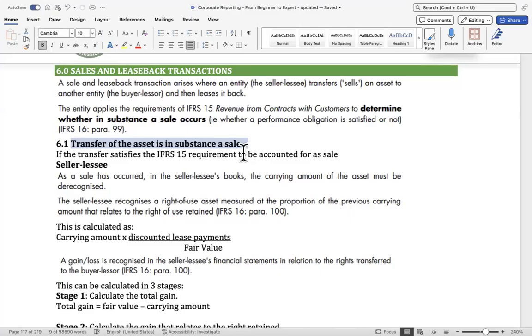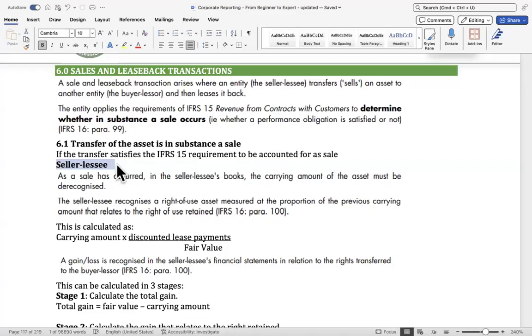Meaning when we weigh that sale in line with IFRS 15, we saw that you have actually transferred significant risk and reward. So even though you are leasing it back, that is not going to disqualify you, because looking at the substance of the arrangements, it is a sale. If that being the case, that means you become a seller lessee.